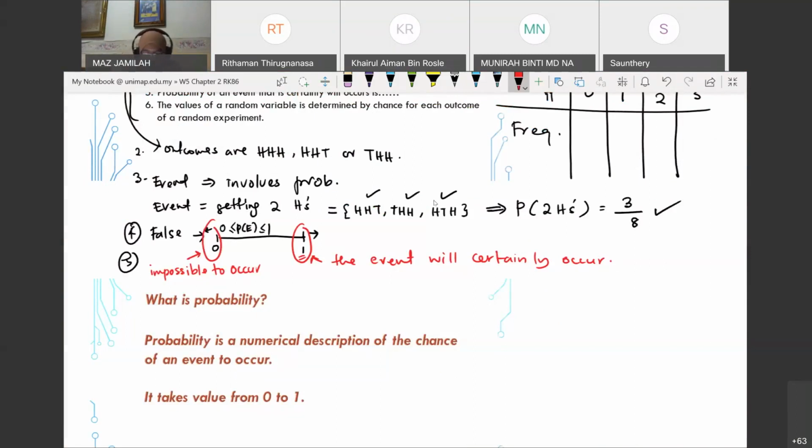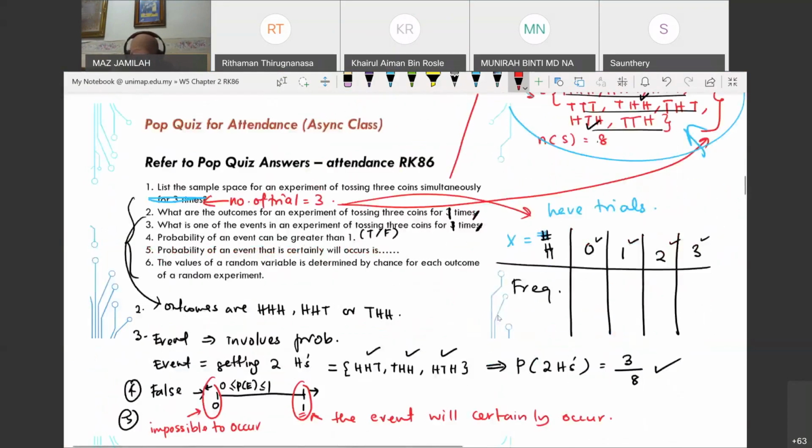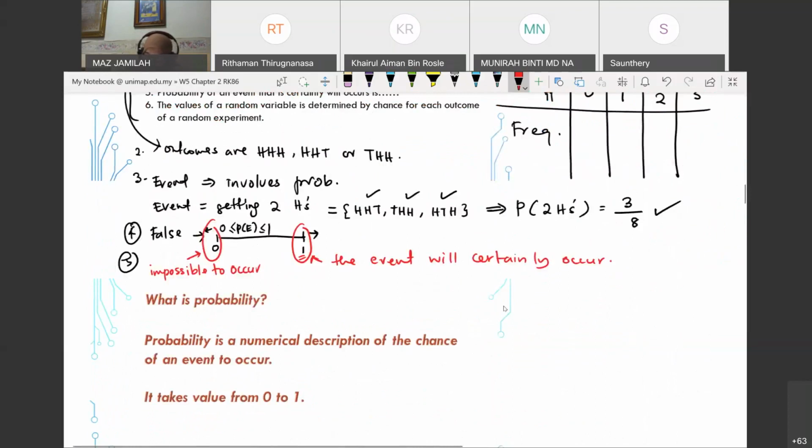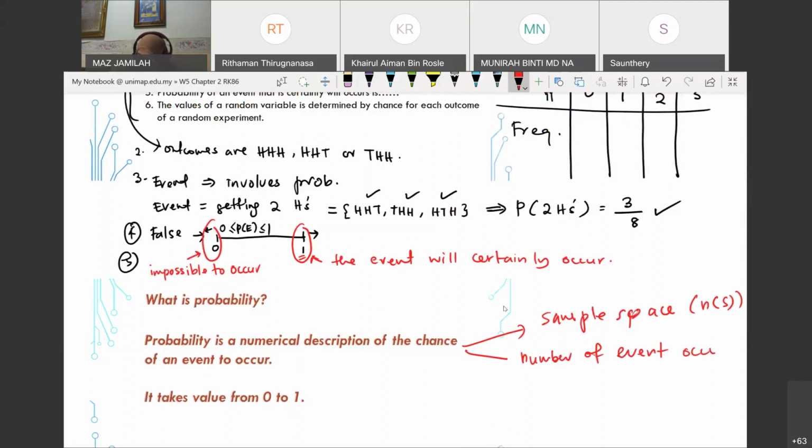Next, what is probability then? Okay, if you look at your textbook, probability is a numerical description of the chance of an event to occur. So if you are talking about the description of the chance of an event to occur, it reflects your sample space, which is your n of sample space, and the n of the number of events that occur.